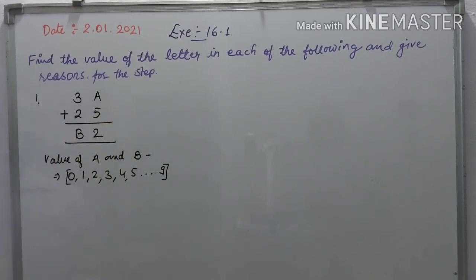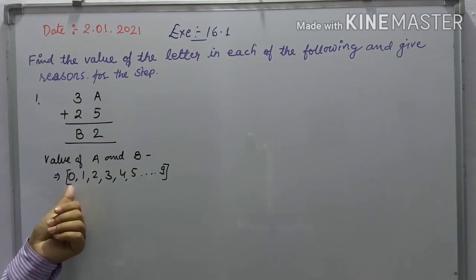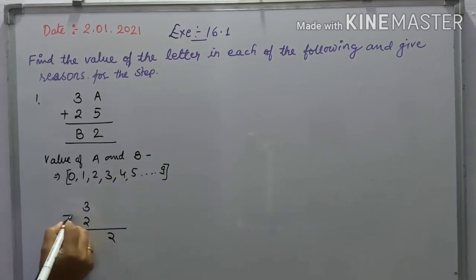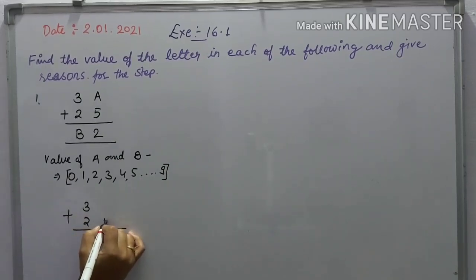Because a is a unit digit and b is also a unit digit. So a unit digit starts from 0 to 9, because 10 is a tens digit. Okay, so choose any number and fill in the a and b values. Suppose you write 3a plus 25 equals b2.